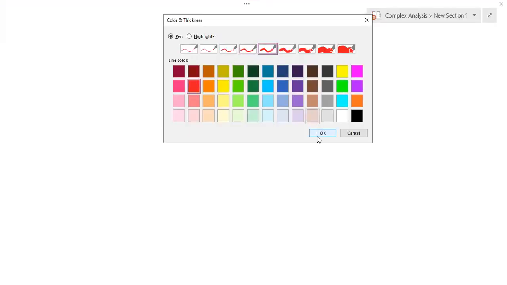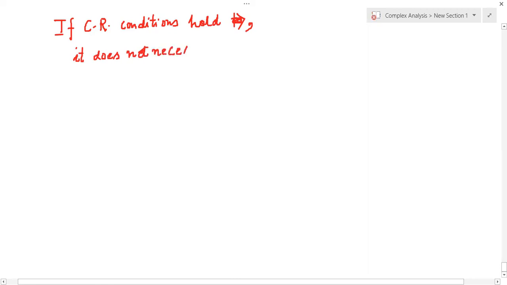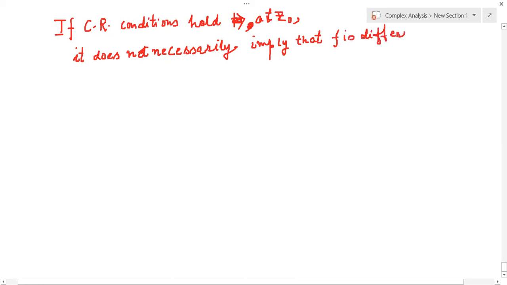One very important thing that I wrote yesterday was the converse statement: if Cauchy Riemann conditions hold, it does not necessarily imply, let's say at z naught, where all these Cauchy Riemann conditions are holding, that f is differentiable at z naught. Okay, so this is very important.